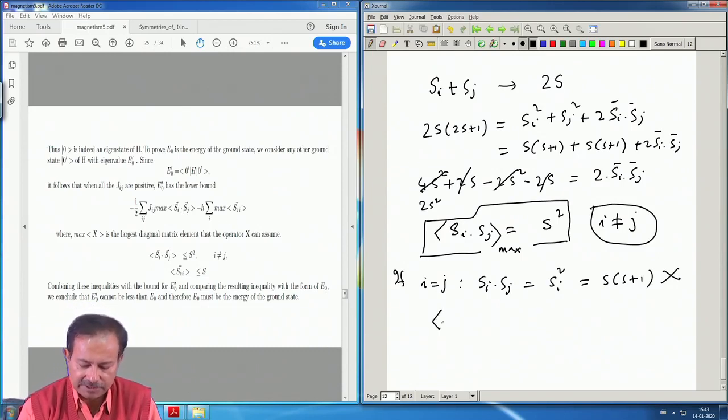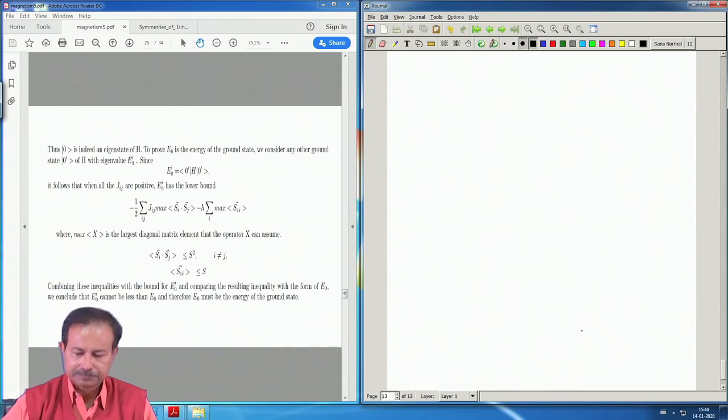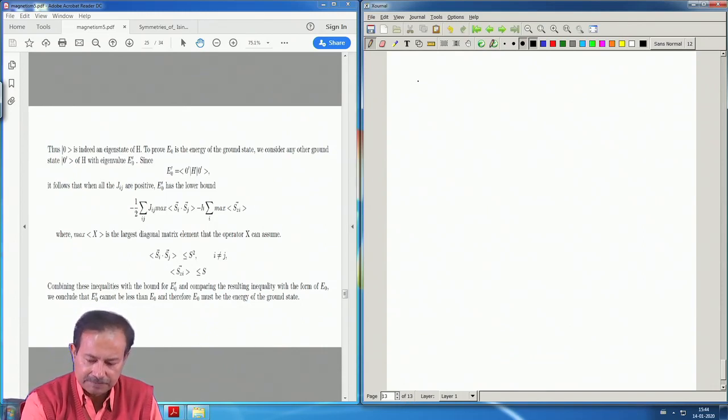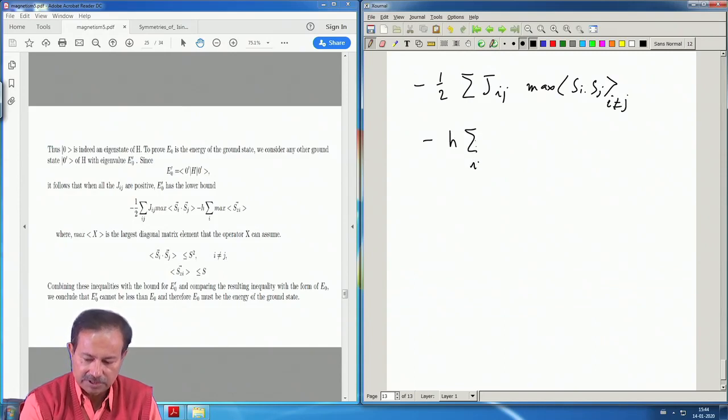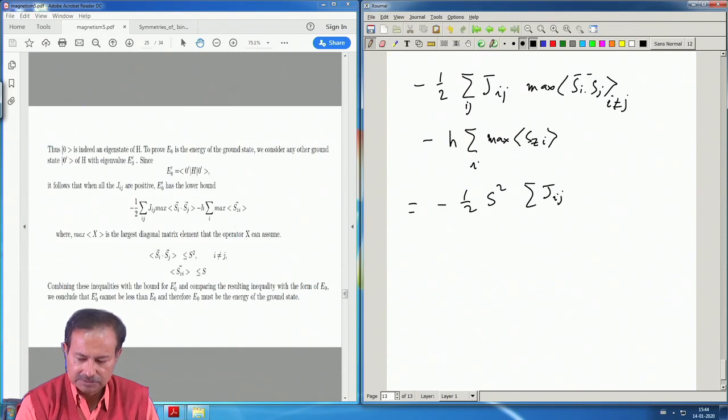And the maximum value of Sz i is of course S. So, that means this thing, minus half Jij times the maximum of Si dot Sj with i not equal to j, remember, minus h times the maximum of Sz i, is equal to minus half S square Jij summed over i, j, minus h n S.